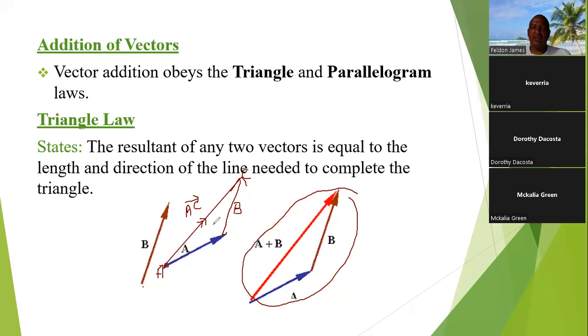And to show that they are equivalent, we are just going to say the vector AC is equivalent to, because this equal sign means equivalent to, the vector AB, together with, the plus sign means together with, the vector BC.